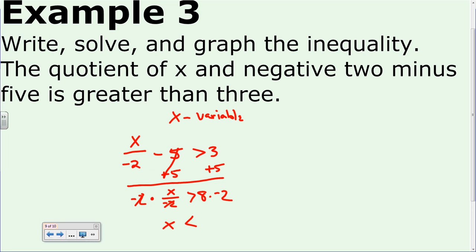So it's now going to be a less than, and you have x is less than negative 16. 0, negative 16. An open dot, shade to the left.